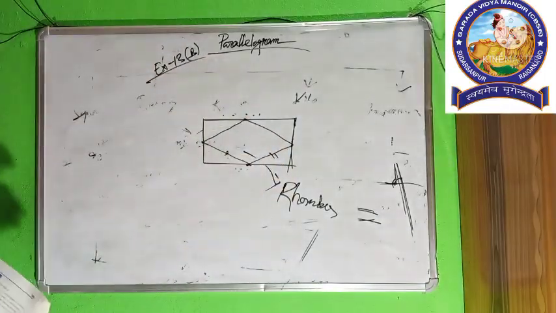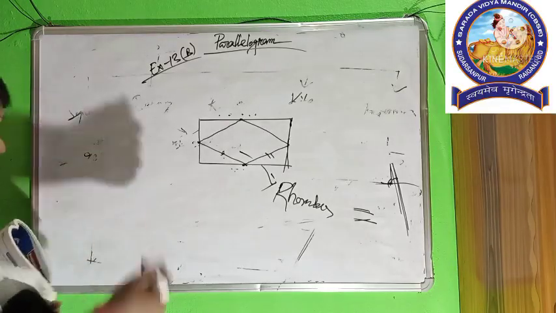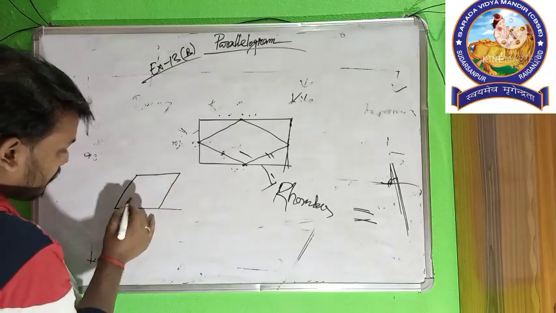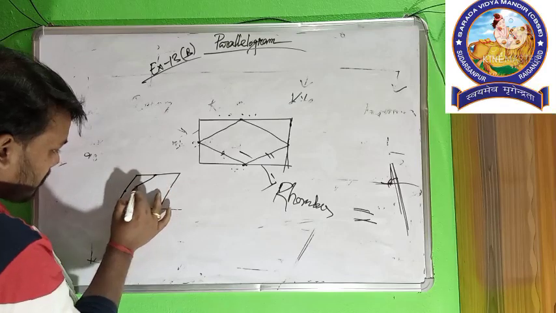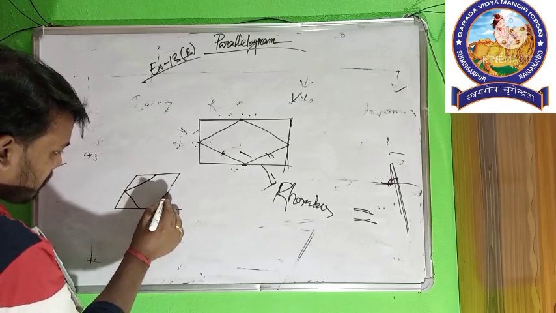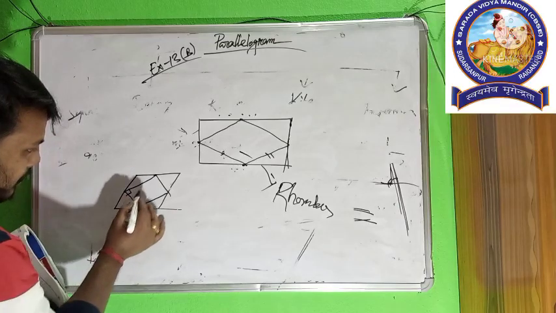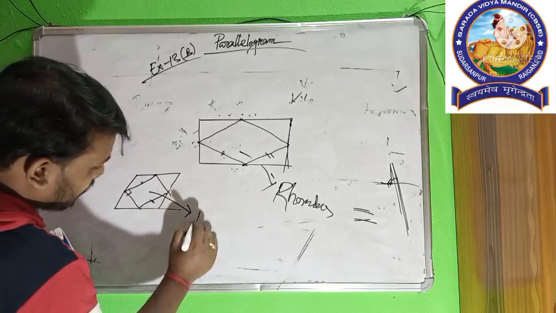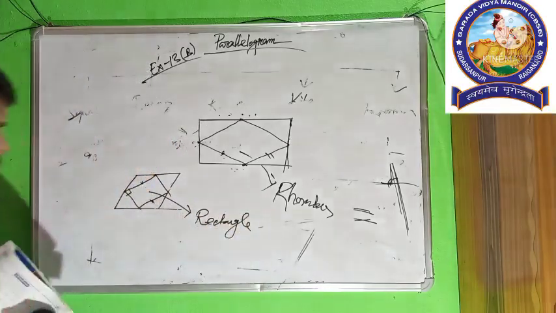Okay. Now, if we join the midpoints of a rhombus, the midpoint of this and the midpoint of this, then it is 90 degrees and opposite sides are equal, so it is a rectangle. The answer is rectangle. Next, a kite.